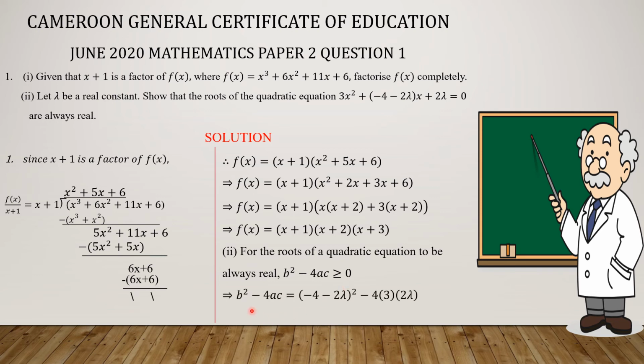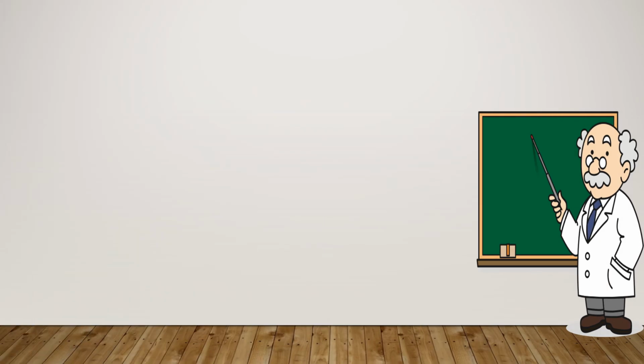So what is b squared minus 4ac? It is simply b squared minus 4ac, and we have this. Now opening this bracket, we have this function here, and simplifying that function that we have earlier, dividing or factorizing 4 rather, we get this thing in here, and I can break this 4 into 1 and 3.